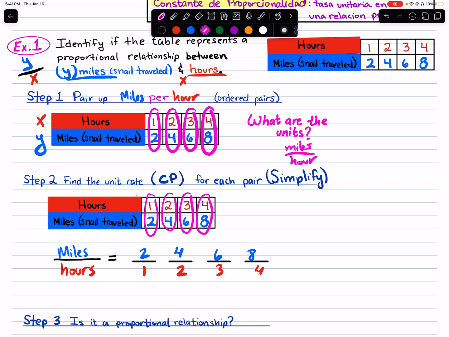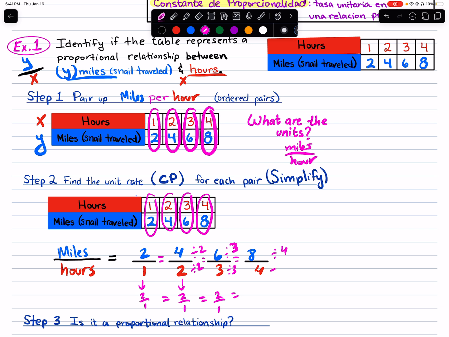Now, I cannot simplify the 2 over 1, so that just stays the same. The 4 over 2, I could divide by 2 here. That's going to be 2 over 1. So far so good. I'm going to divide 3 by 3, and 2 over 1.